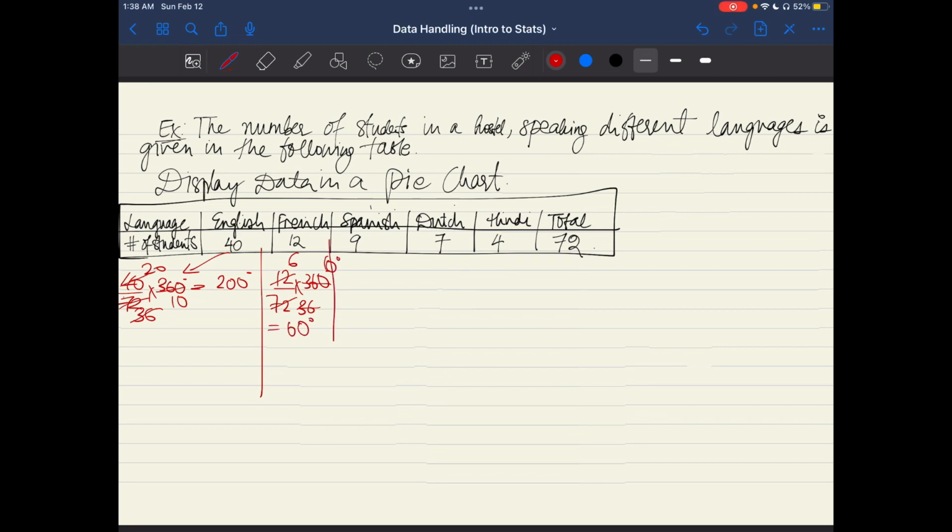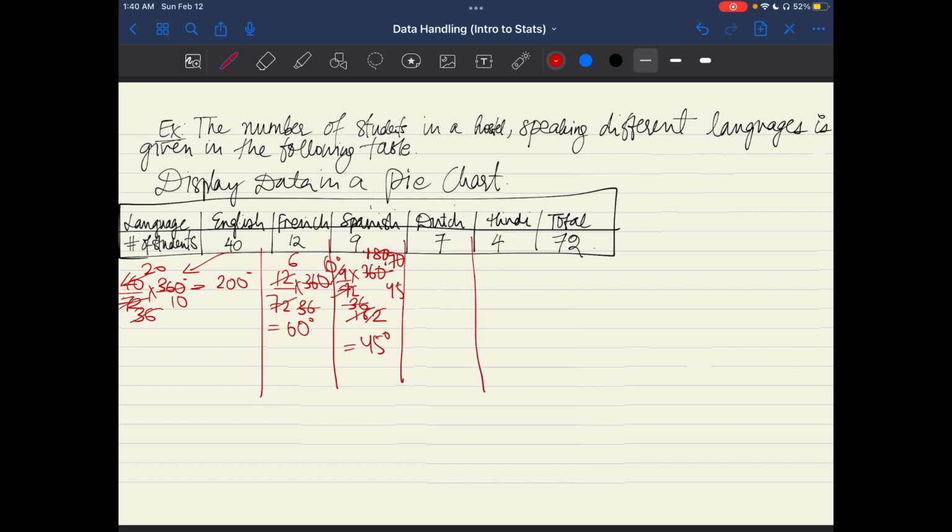which is 6 here, 36 here, 60 degrees. Now let's try to find the internal angle for Spanish. Internal angle for Spanish will be 9 over 72 times 360 degrees. So this will be 36, this will be 2 and 45. So the internal angle here is 45 degrees.